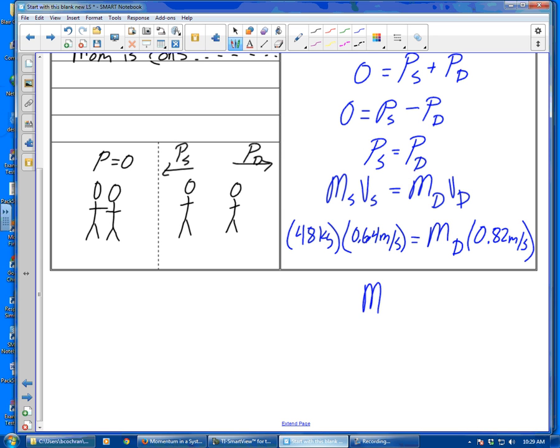And then do the math and find the inertia of the dater, which we're expecting to be less than, but not too much less than, 48. My gut is telling me something around 45 will be the order of the day. Give it a try, see if you get it.